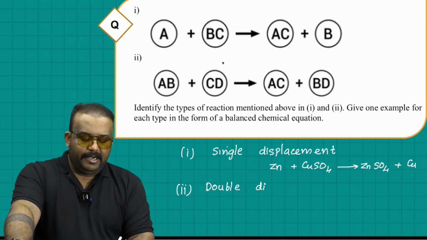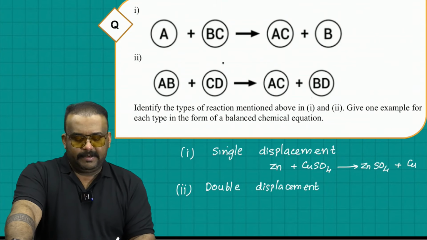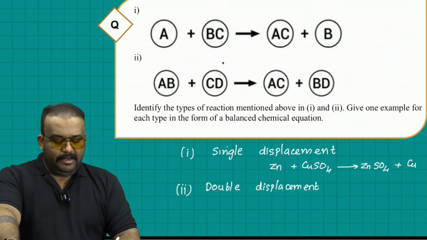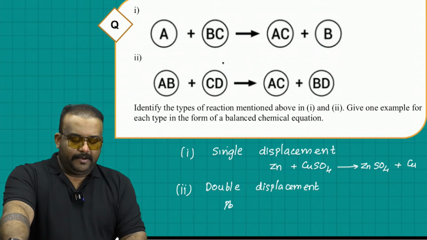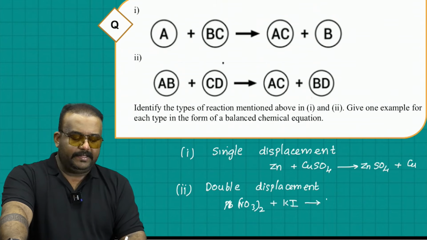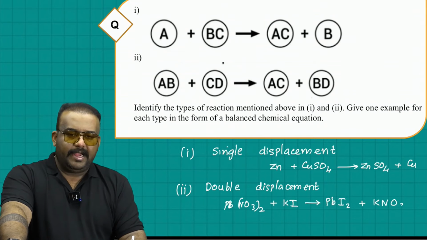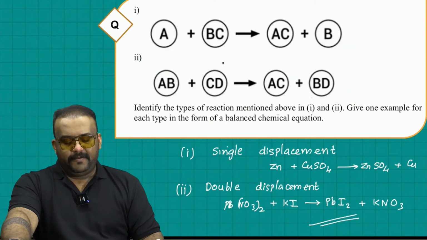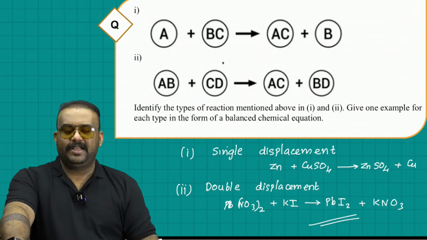It is double displacement reaction. Let's write an example. We learned one example just before, which is Pb(NO3)2, lead nitrate, plus potassium iodide gives PbI2 plus potassium nitrate. This is an example for a double displacement reaction.